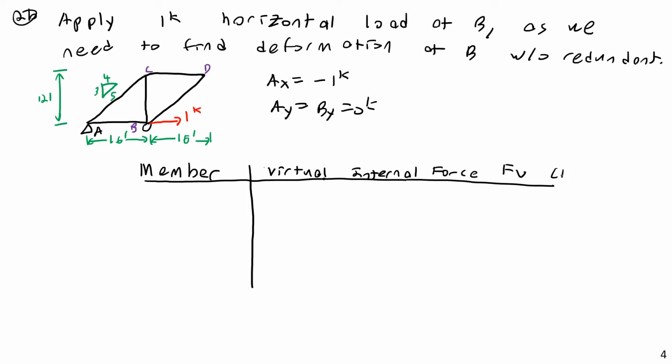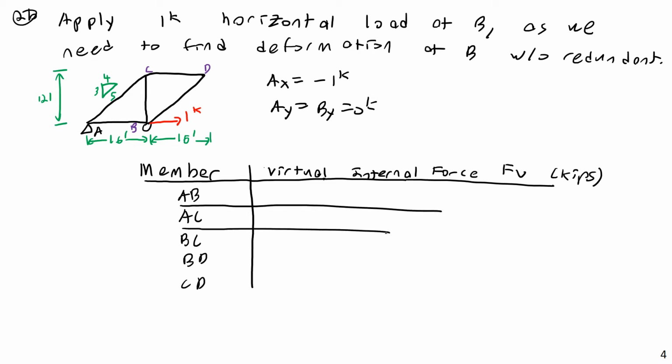And this will also be in kips. And so we have the same AB. I'll keep this member order the same in all my tables. AC, BC, BD, and CD. And it's just going to be 1, 0, 0, 0, and 0.